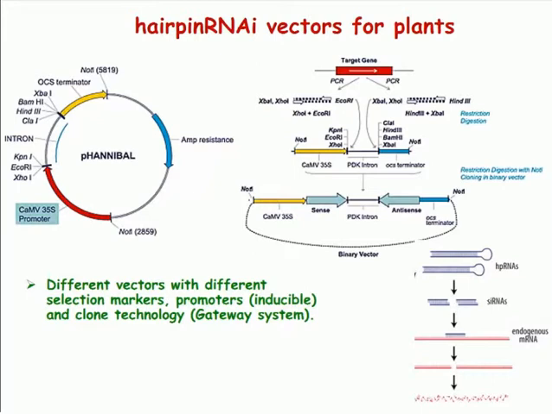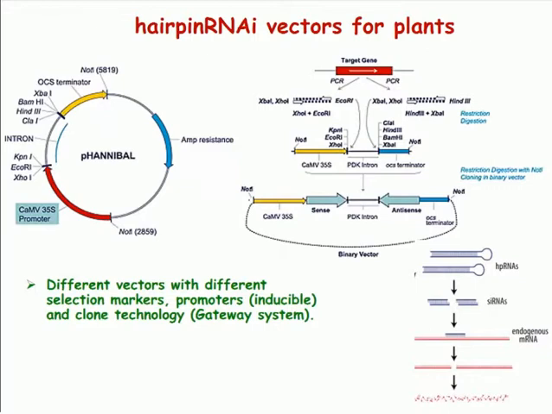You add the complementary reverse sequence, that is the antisense, and normally you put a loop in between that produces the loop of the hairpin RNA, normally an intron that just stays there. This will be degraded into small RNAs and will go to the messenger RNA of the gene that you want to target and just reduce the amount that you have.